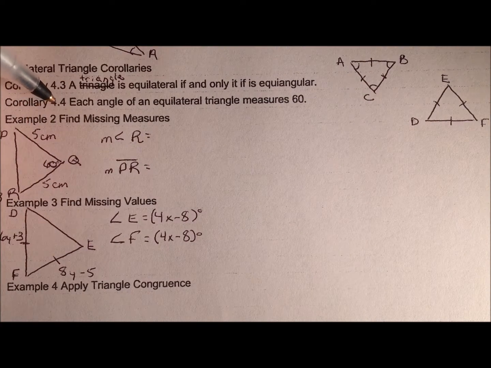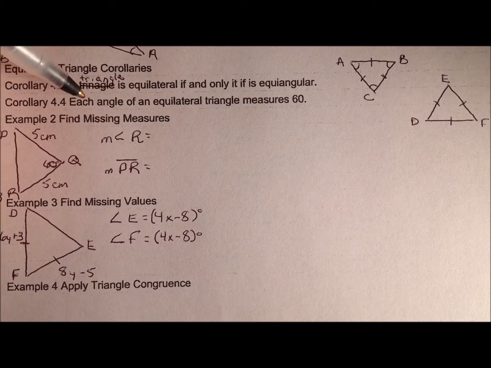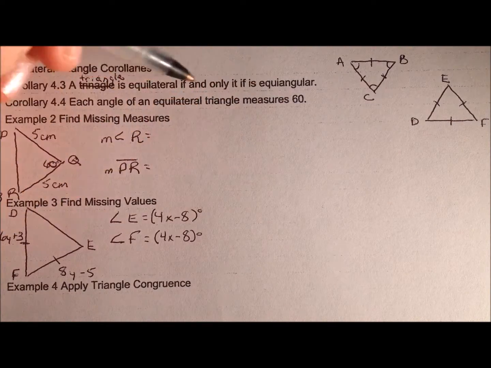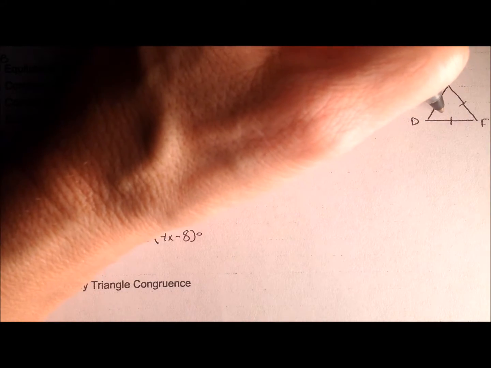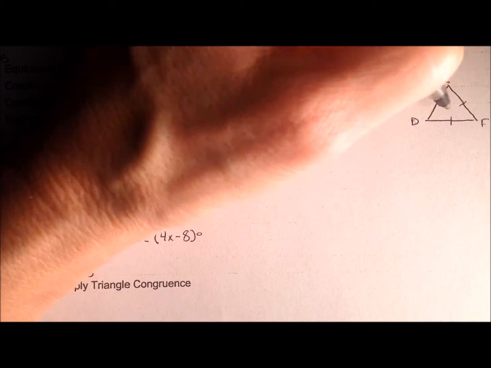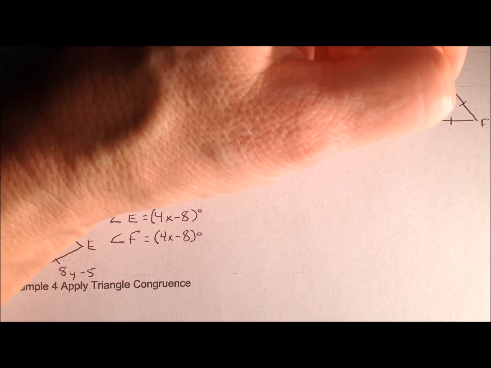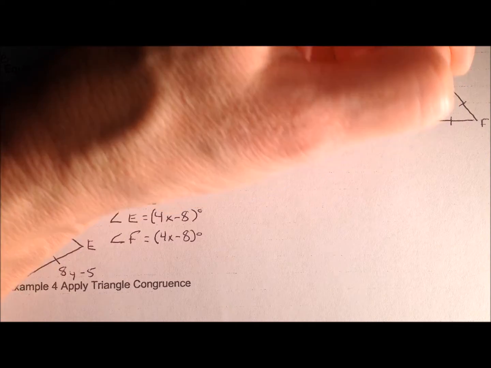With corollary 4.4, this one states that each angle of an equilateral triangle measures 60 degrees. So we have an equilateral triangle. All the sides are the same. So we know each of these angles measures 60 degrees.